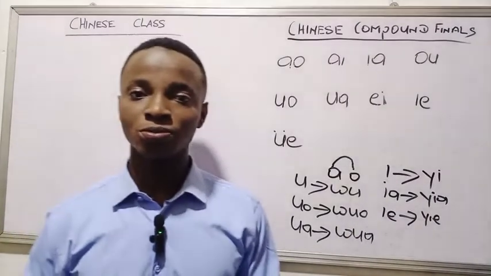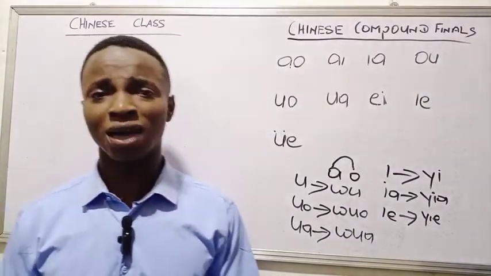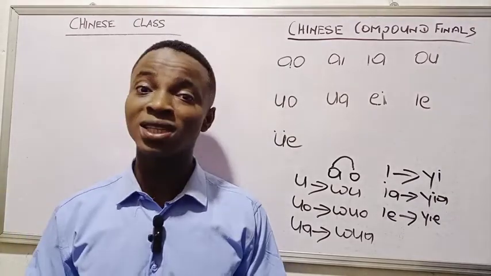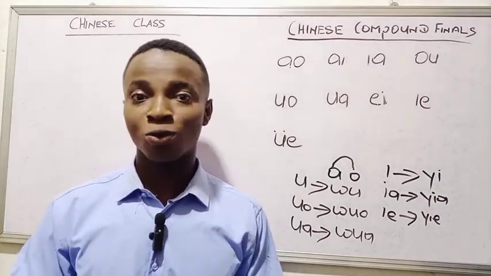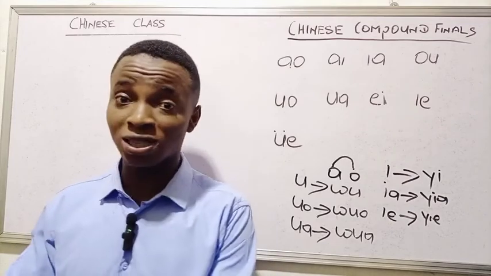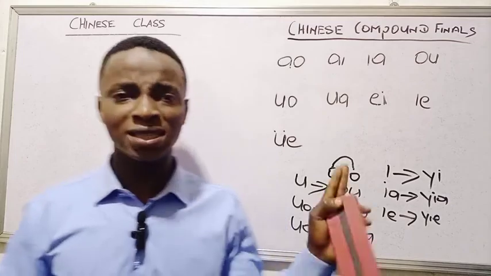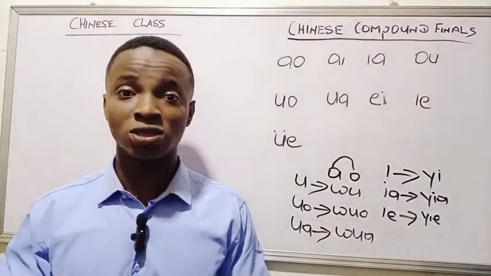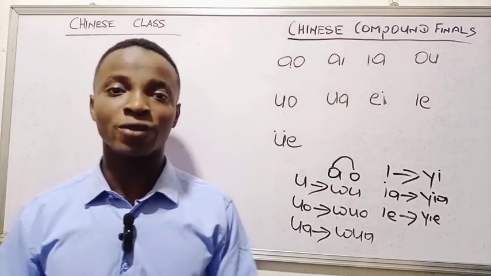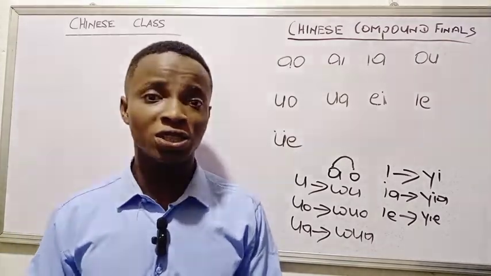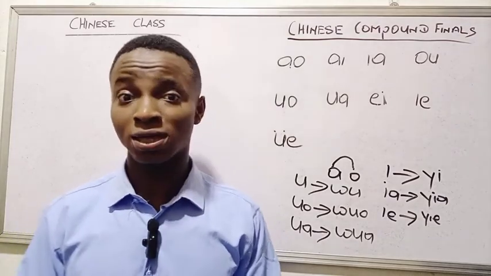Beautiful. So now let's learn new vocabularies with these sounds. We are going to practice them with initials. We are done with the initials of the Chinese language, but we are going to practice these sounds with some of the initials that we discussed last time. I'll be saying each one 2 times before saying its meaning.